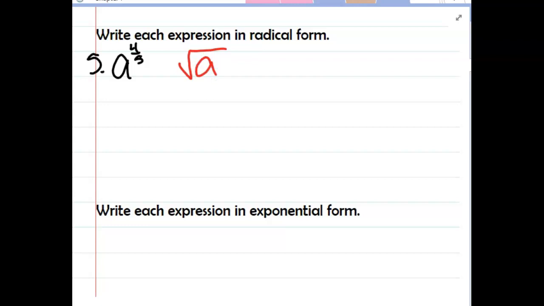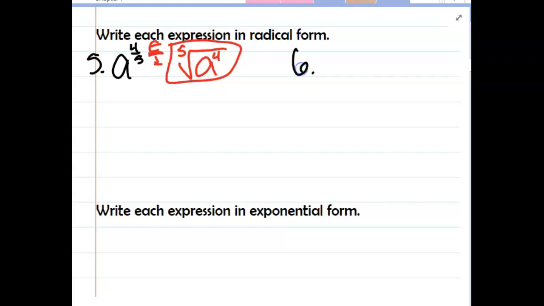Then you have to decide where you're going to put the 4 and the 5. So this is where that EOI comes from. EOI. The 4 is your exponent. So that means this is going to be a to the 4th. The I is your index. So it means it's going to be a 5th root.